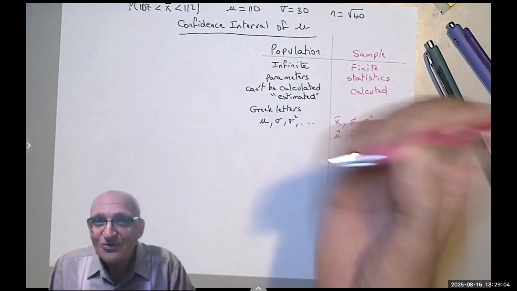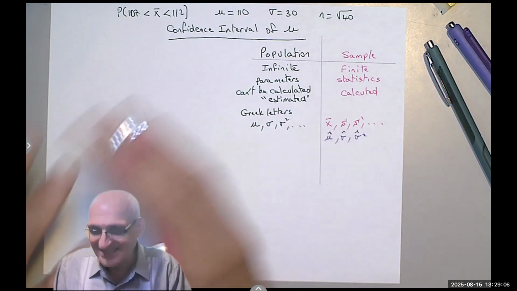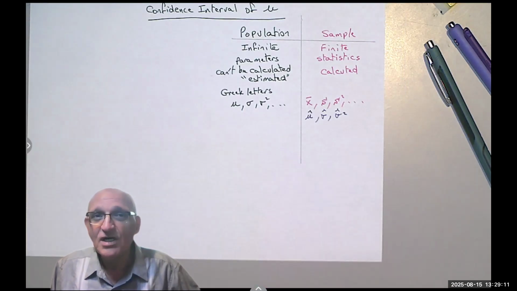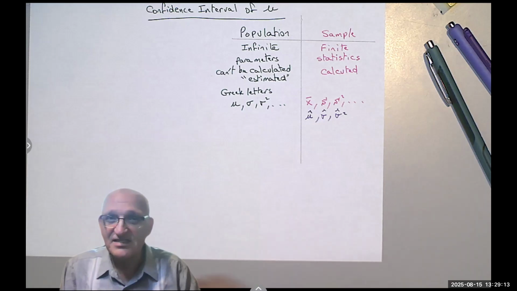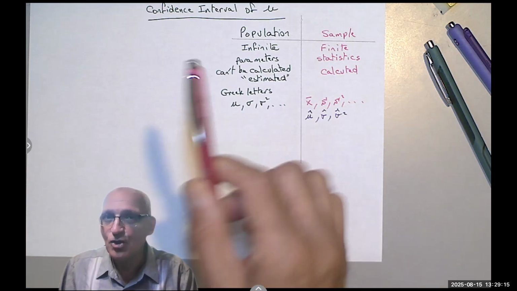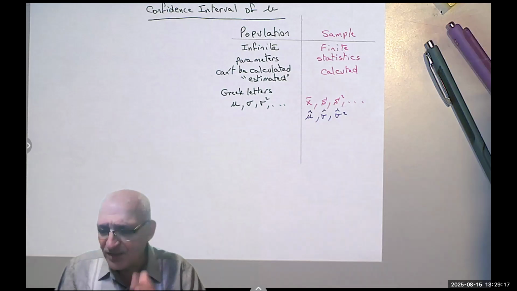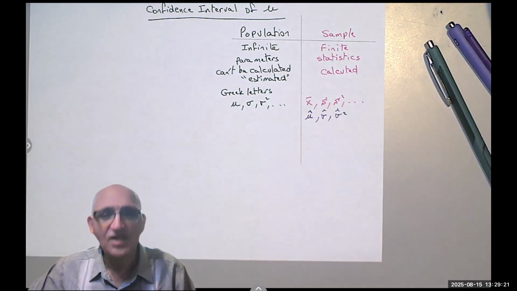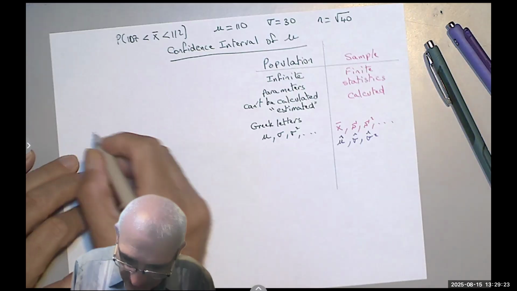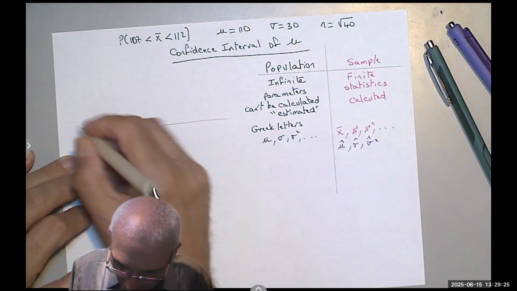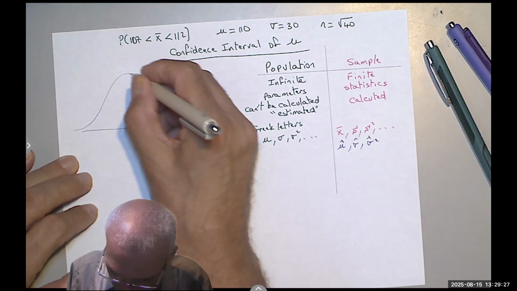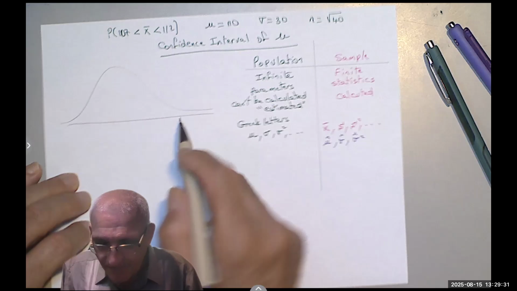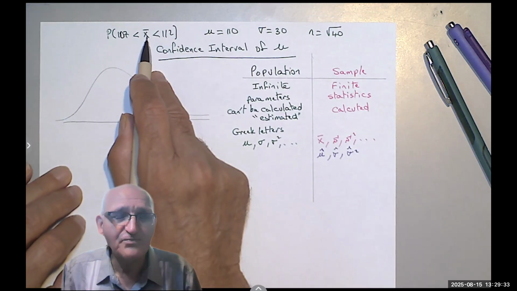Notice I don't know where mu is. But this is mathematically sound. I can give you these and tell you there is a 95% chance that the numbers I gave you include mu. Okay, so away from this technicality, what are you really trying to tell me? I'm trying to tell you that here is the normal distribution, but this is the normal distribution of x bar, not of mu.